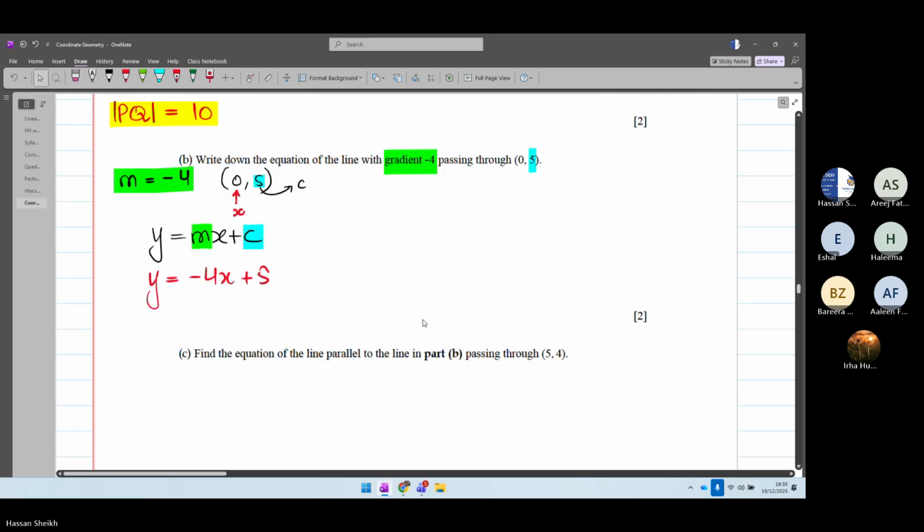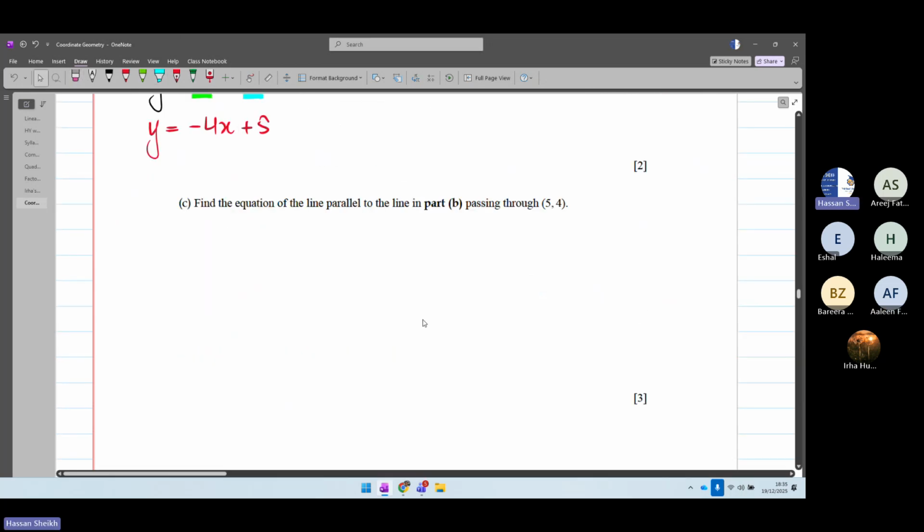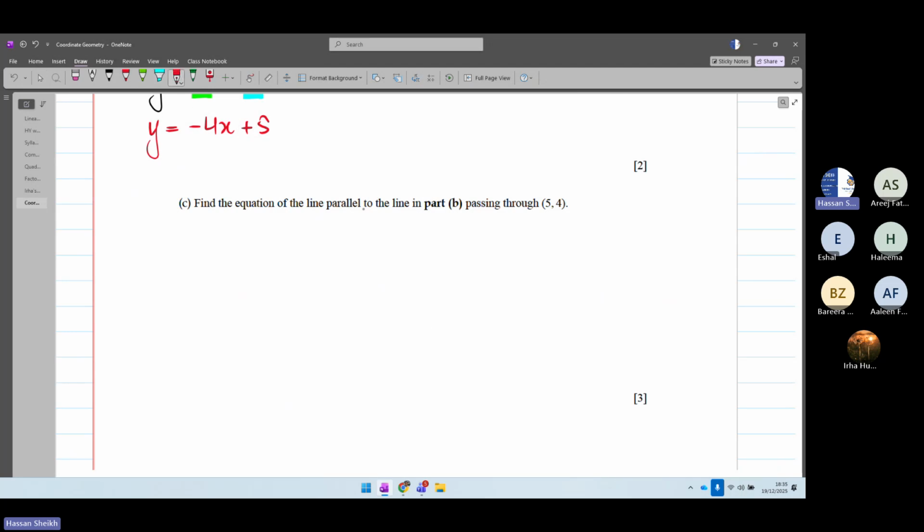Moving on to part C, find the equation of the line parallel to the line in part B. If the lines are parallel, then the slopes must be equal, the same.